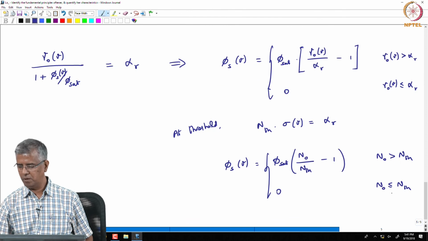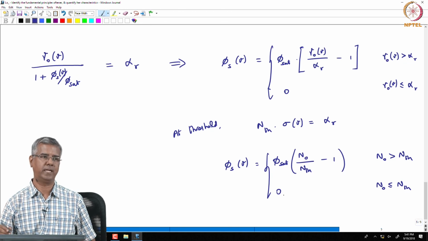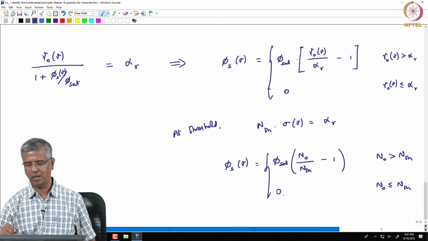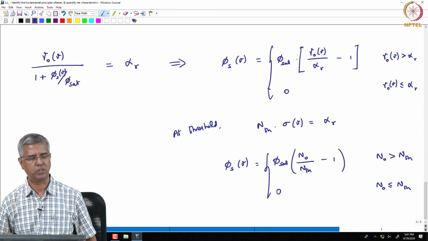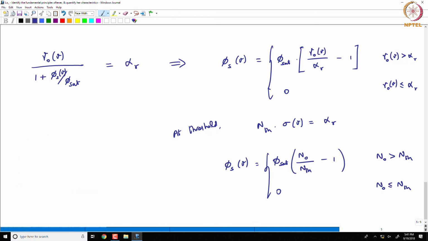Below that threshold you do not have, I am saying 0, but technically there are still some spontaneously emitted photons, amplified spontaneously emitted photons and all of that, but there is a sudden change when you go beyond that threshold inversion. Okay.